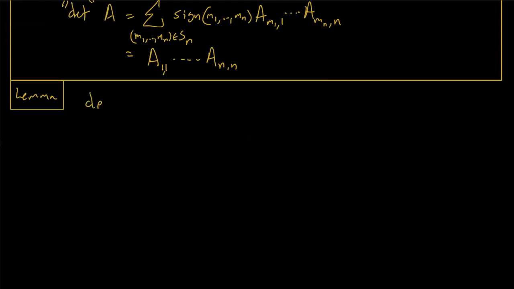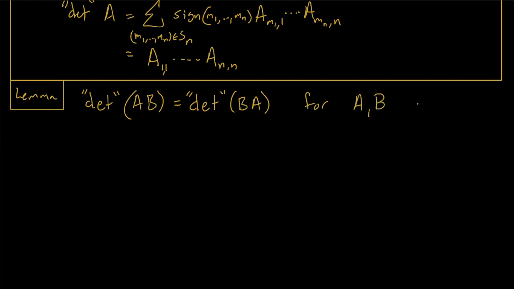I'll say the determinant, quote unquote, of AB is equal to the quote-unquote determinant of BA for A and B, n by n matrices.